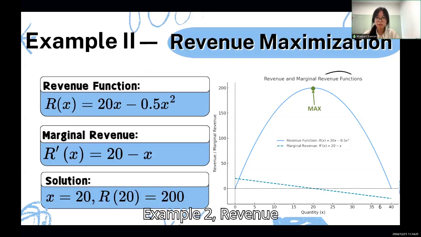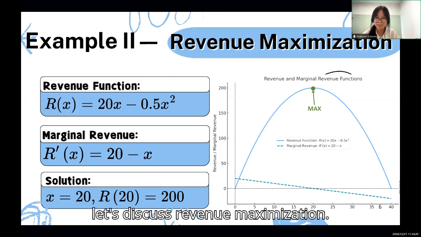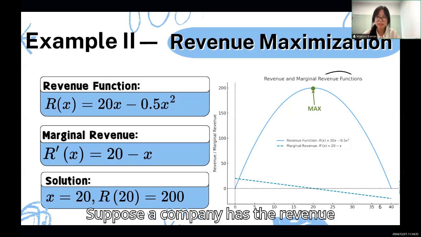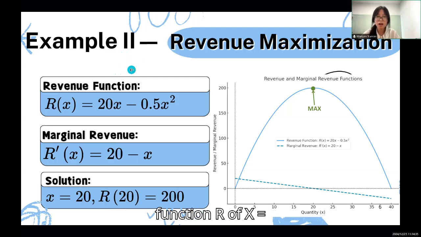Example 2. Revenue maximization. Next, let's discuss revenue maximization. Suppose a company has the revenue function R(x) equals 20x minus 1/2 x squared.